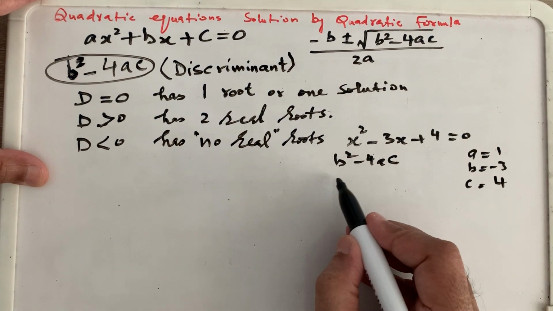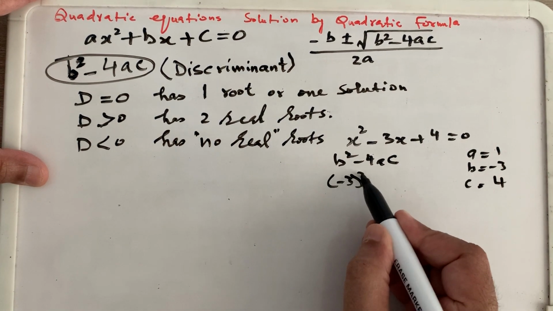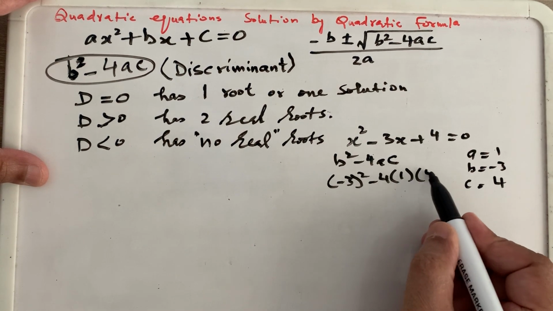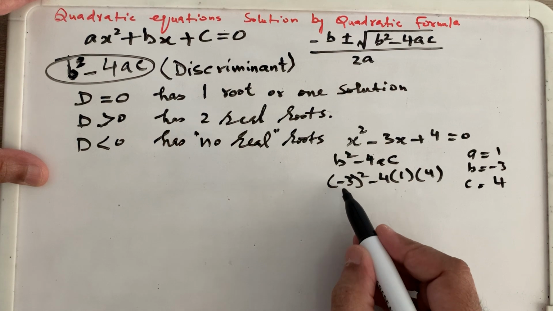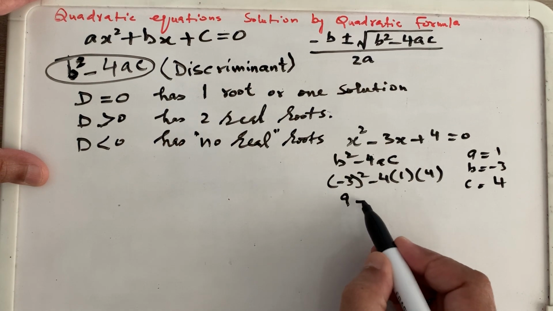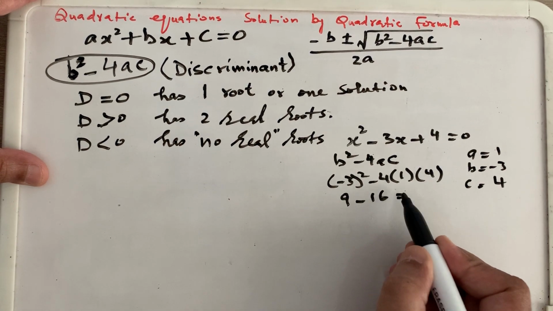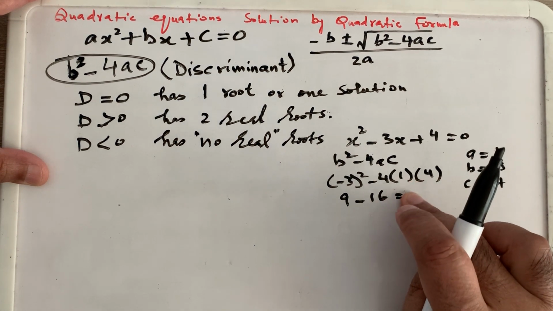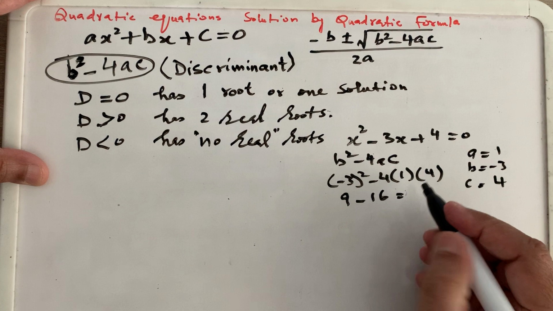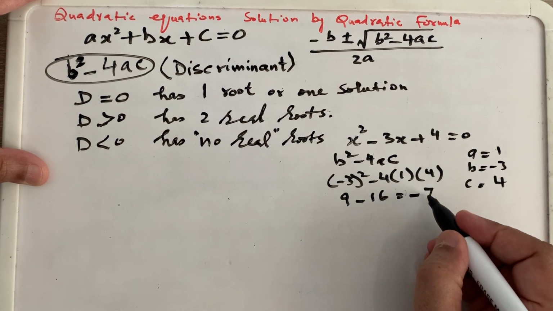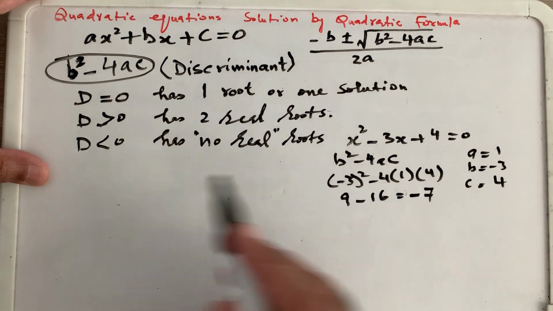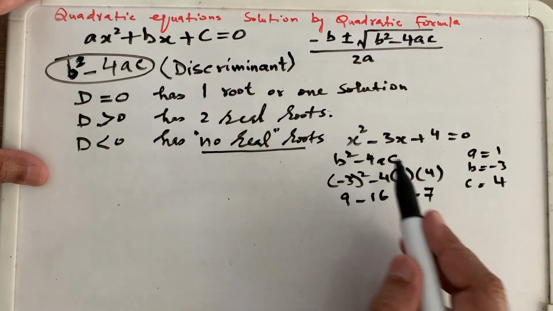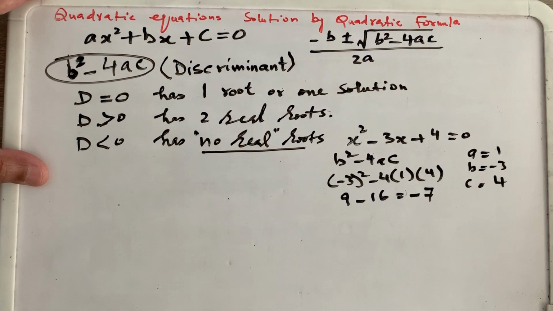So I substitute it here: minus 3 whole squared minus 4 times a and c. So 3 times 3 is 9, minus 16, which brings you minus 7, right? So when you have minus, that means D is less than 0. If D is less than 0, what do we have? No real roots.